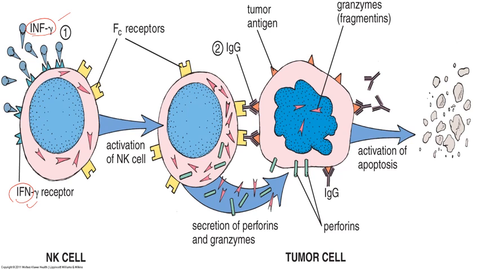So when the antibody plus the antigen are combined, which we see right here, then we have this activation at the NK receptor, and from there it secretes perforins and granzymes, just like CD8. These perforins create holes inside this cell, and our granzymes go in and fragment the nucleus, and essentially you have apoptosis.